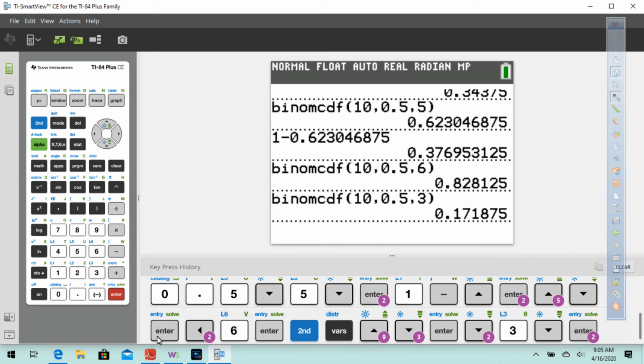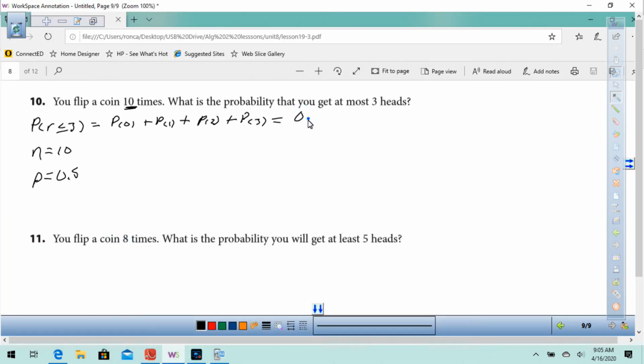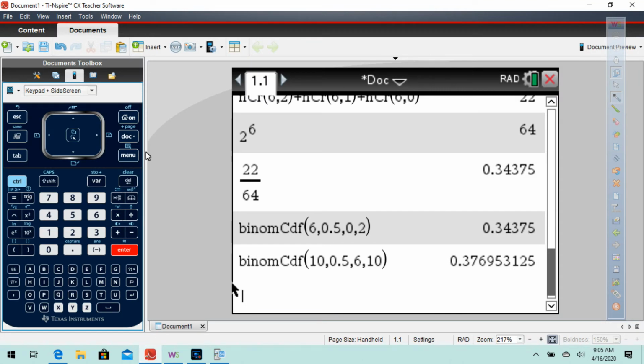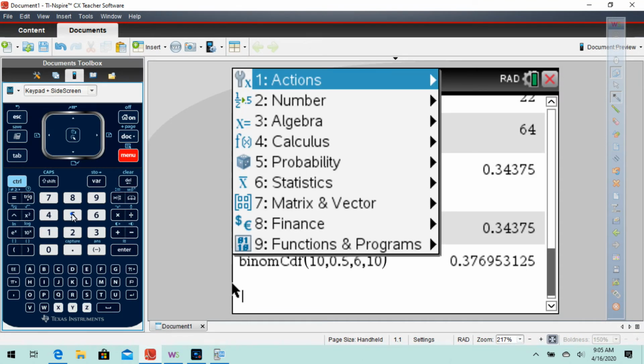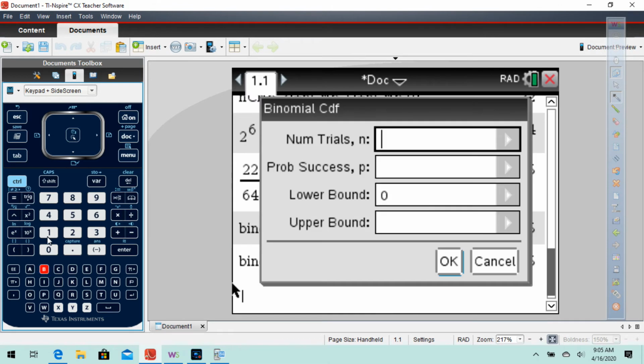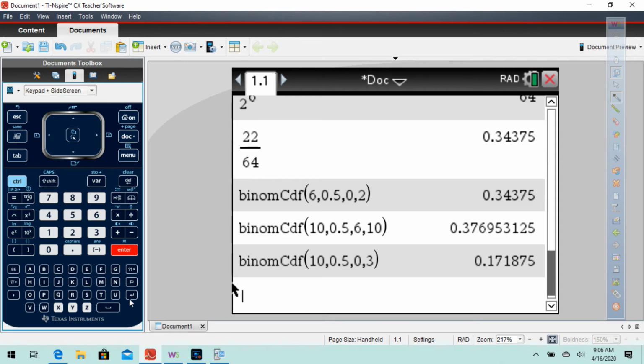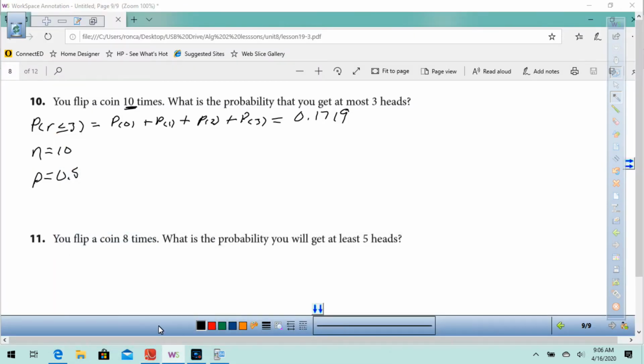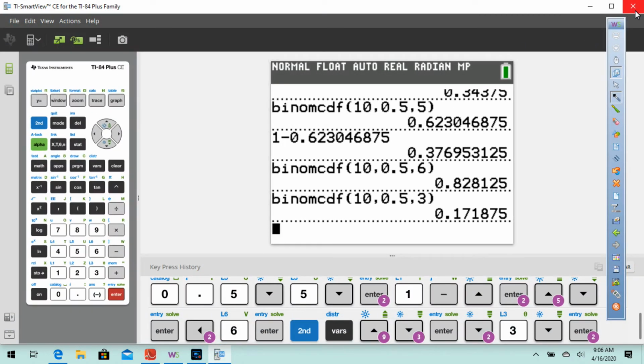And we got 0.1719. Okay. In the Inspire, menu 5B, number of trials 10, 0.5, lower bound is 0, upper bound is 3, 0.1719. Excellent. Now, I'm going to shut this down again because it makes my computer run slow.